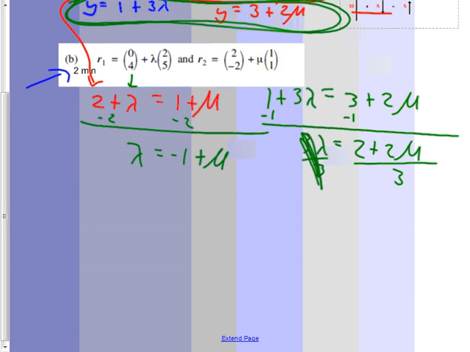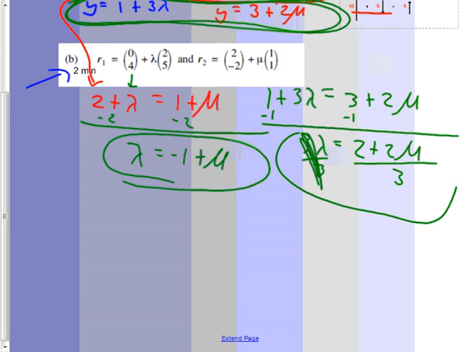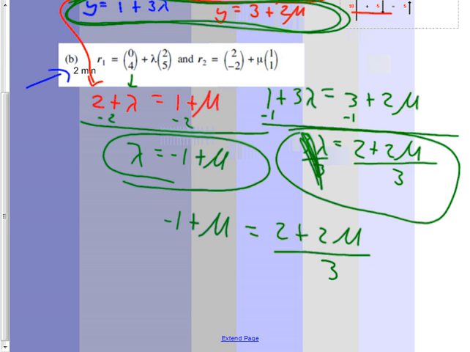Now, I've got lambda is this, and I've got lambda is that. So now I can set those equal to each other. Negative 1 plus mu is equal to 2 plus 2 mu over 3.